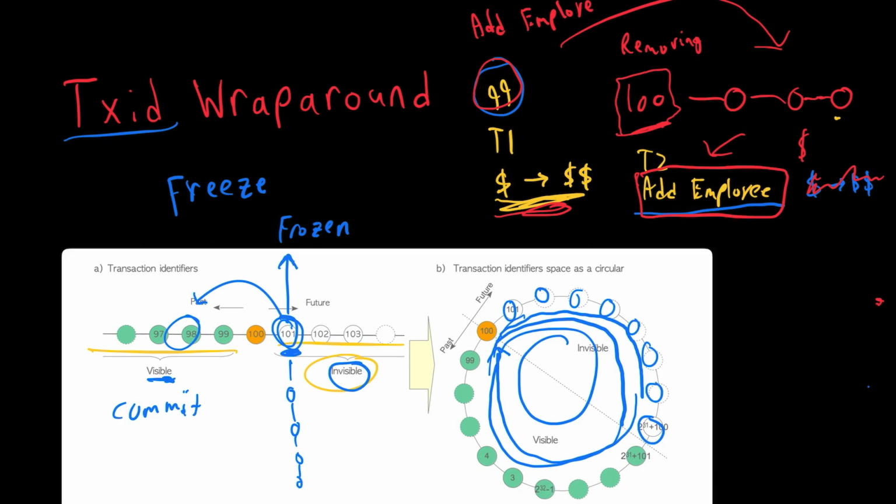So now, since we've marked this transaction ID as frozen, we know that all of the information that corresponds to its past and all of the information that was added or changed to the database from the transaction is committed in history. We're not going to change it. We're not worried about it. And most importantly, it's visible. So this current transaction that's going on, transaction 100, in this future scenario where we want to remove an employee or add an employee, all of the information from the past is still visible.